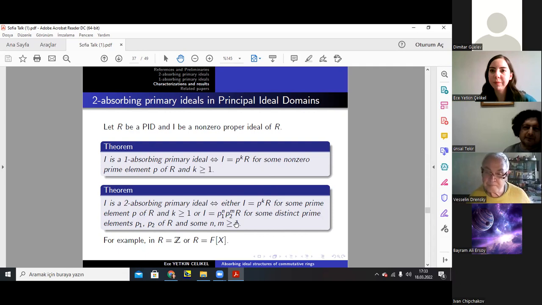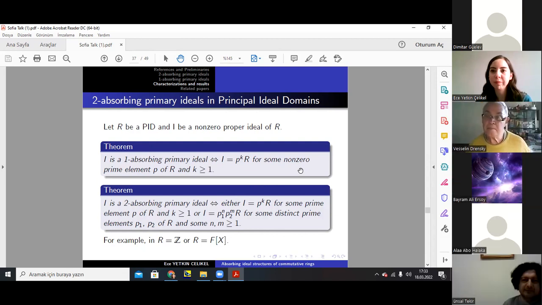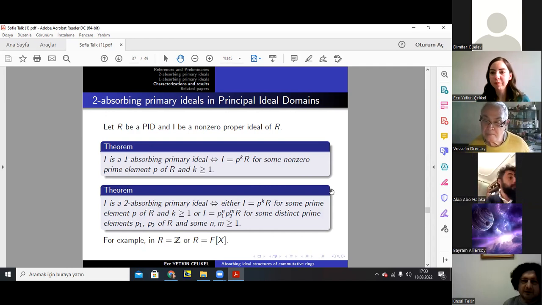Okay, thank you. Some other questions or comments? Yes, Professor, if I can. Yeah, sure. My question is not a question, but I noticed something. For example, if we have a commutative ring and an ideal which is two absorbing primary or one absorbing primary, can this characteristic be transposed to the factor ring?